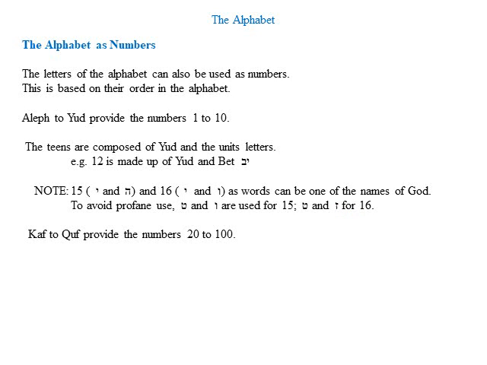Kaf to Kuf provide the numbers 20 to 100, and Resh to Tav provide the numbers 200 to 400. We've now come to the end of the alphabet. How do we get beyond 400?